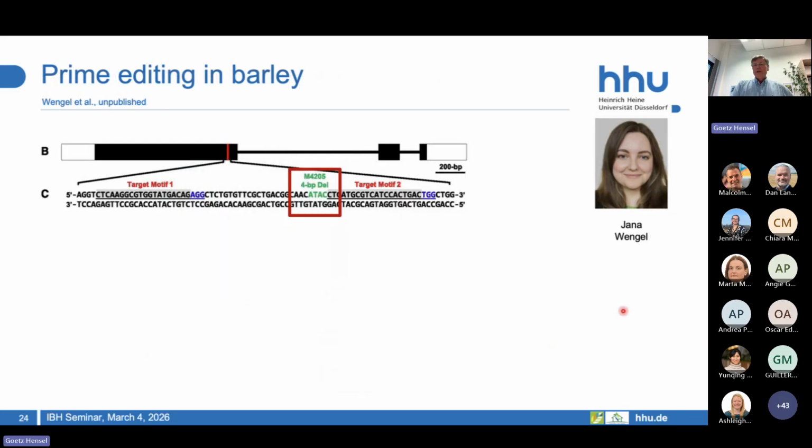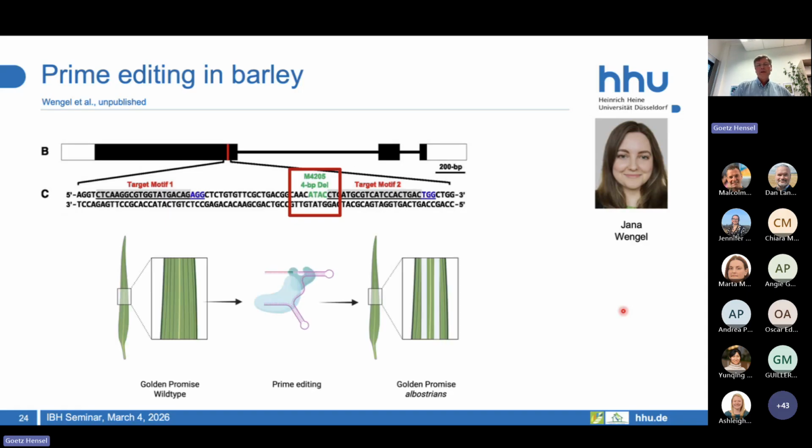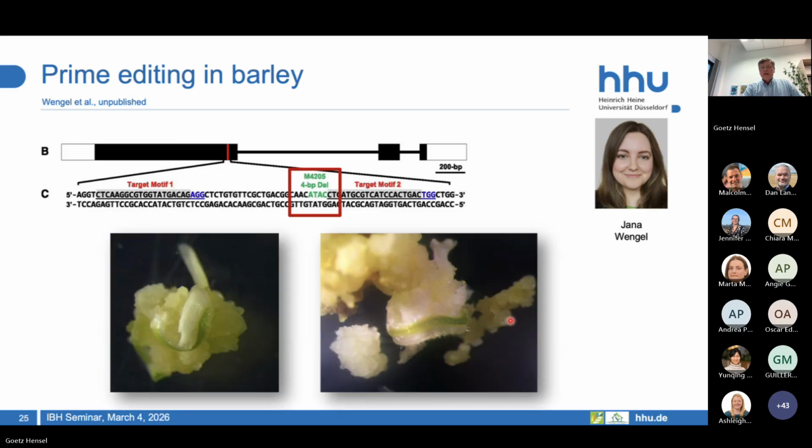So what Jana should do, she should use Golden Promise plants, make this prime editing construct in order to get, at the end, some striped leaves. As this project unfortunately is not yet fully executed, I can show here only the first promising pictures from the regenerants.